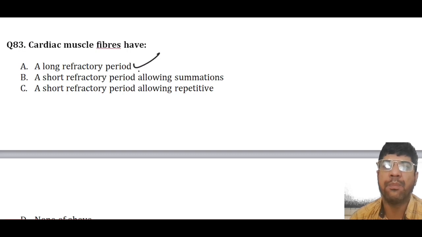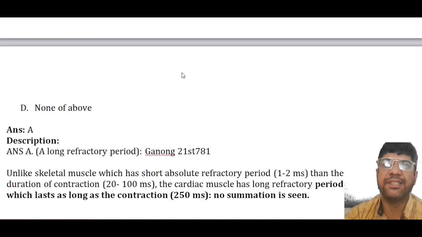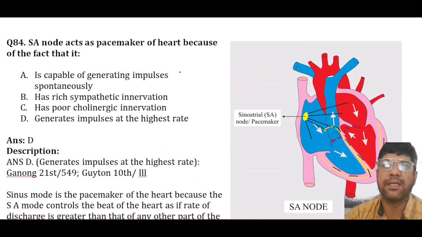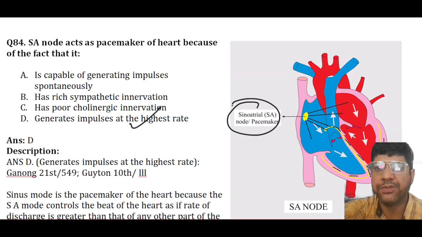The SA node is known as the pacemaker of the heart because it generates impulses at the highest rate. It possesses the ability to generate electrical impulses at the highest rate.